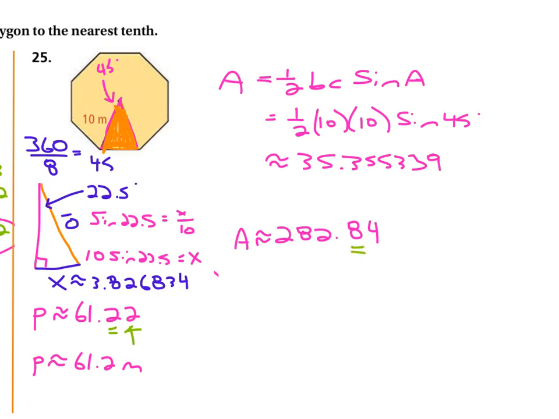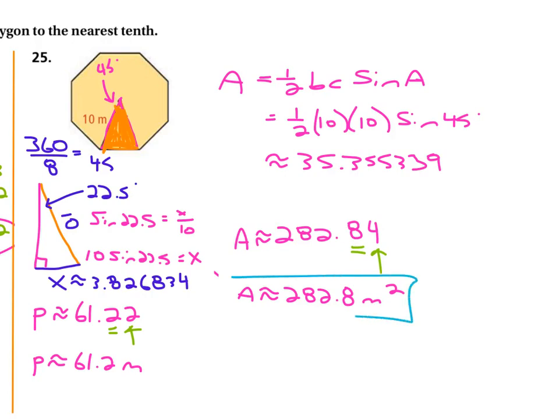We are rounding off to the first place, so is that 5 or higher? No, it's not. So we get a final area of approximately 282.8. What were the units? They were meters, so meters squared.